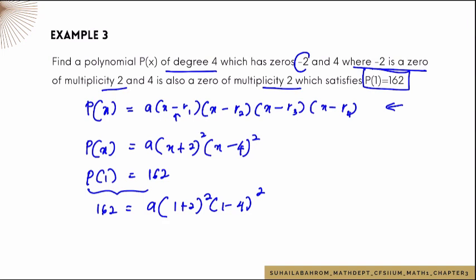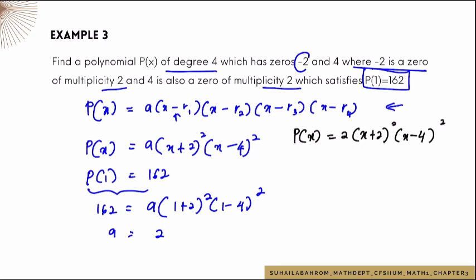When you calculate, you will get a is equivalent to 2. Once we get a equals 2, we can proceed to substitute in the polynomial function, which is 2(x plus 2) squared (x minus 4) squared.